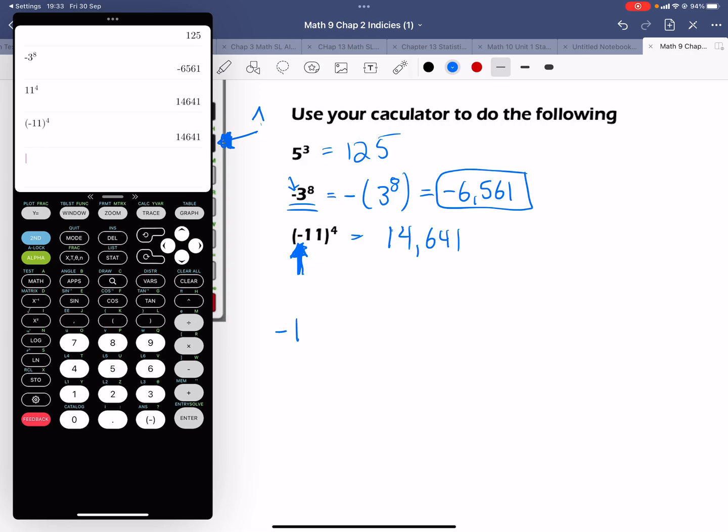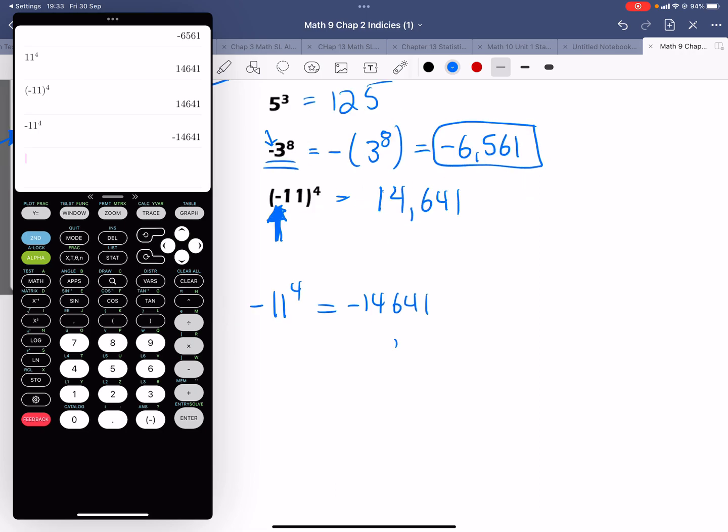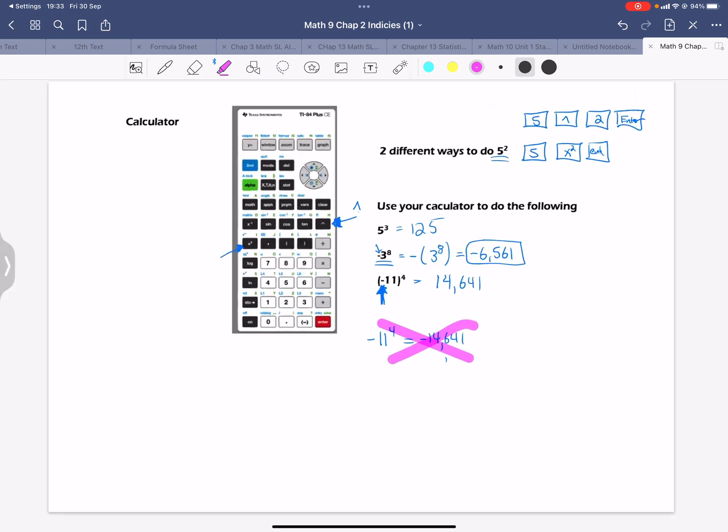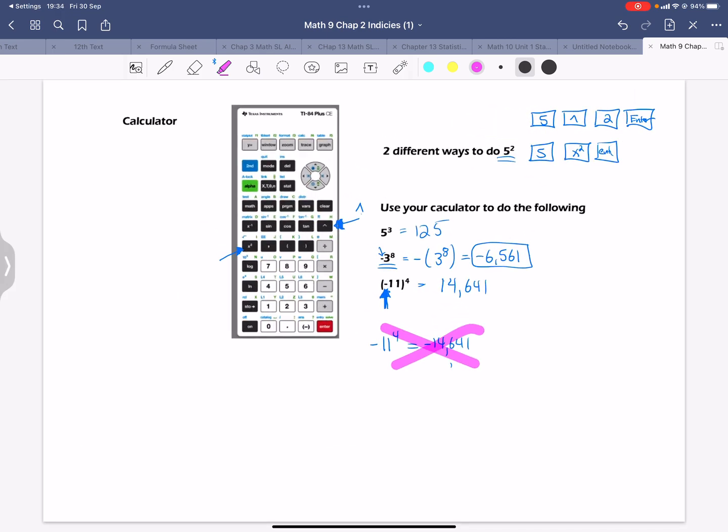If you forget the brackets and type in negative 11 to the 4th, you're going to get negative 14,641. And on an assessment, I'm going to have to mark that wrong. That means you have no idea what negatives mean. You need to be really, really careful on that and not just punch in the calculator and write down whatever it says.